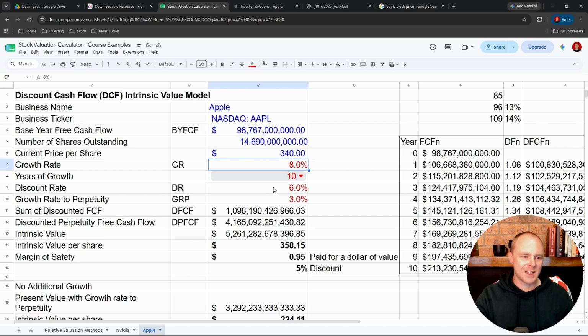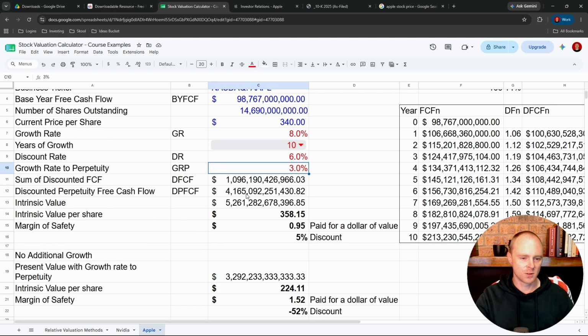We can use over the next 10 years, discount rate we'll keep the same at 6%. And yes, I believe that this business can continually raise its prices, even with strong competition, and make sure it stays in step with inflation. So we get a value of $358 per share, which is a little bit more than its current value.